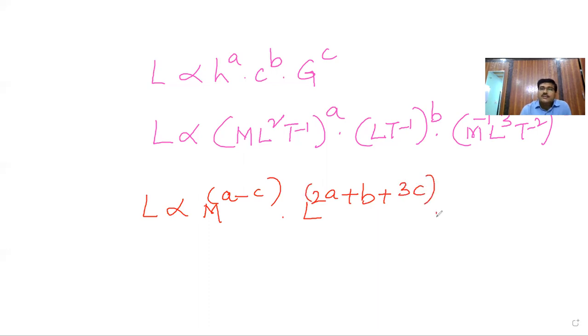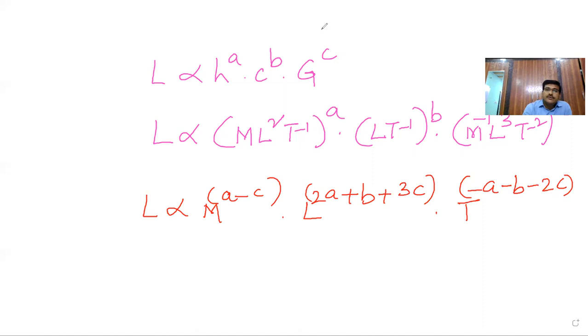Have clarity, because these are very micro level things. You have to be very careful. Now T has the power of minus A, minus B, minus 2C. These are the powers.